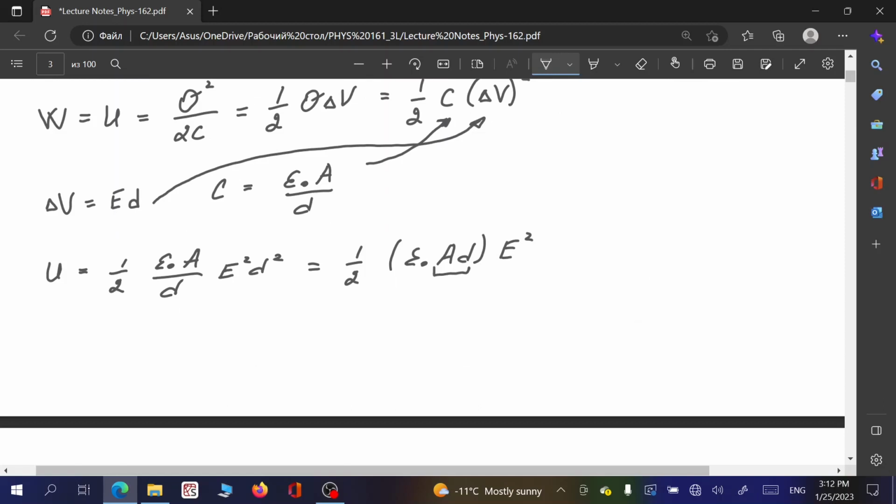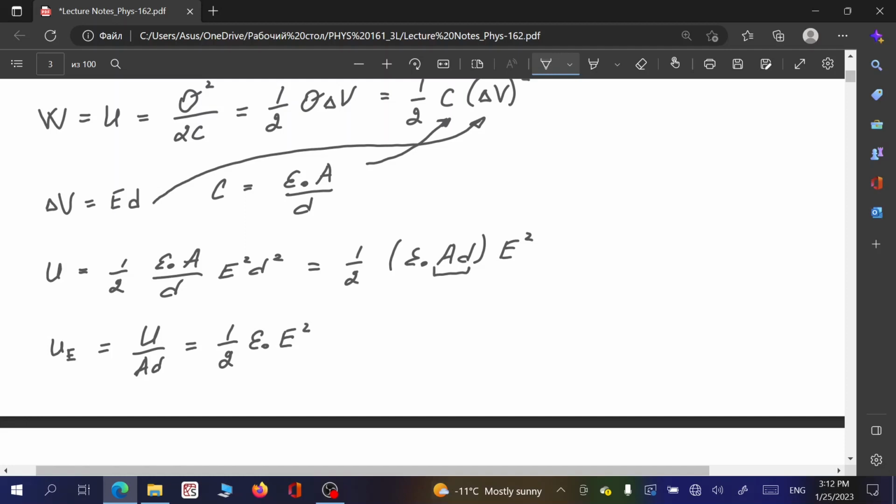So in this case, if we want to determine the density of electric field energy per unit volume, we just divide this expression by the volume. So we can write here UE, which stands for density of electric field energy per unit volume. So that will be capital U divided by A times D, and that is 1/2 epsilon naught times E squared.